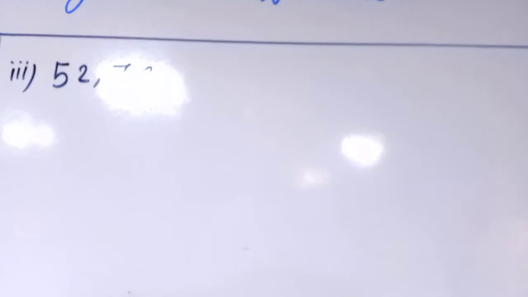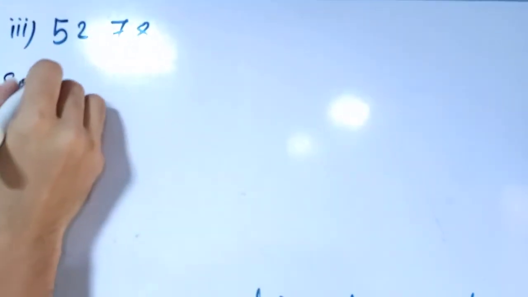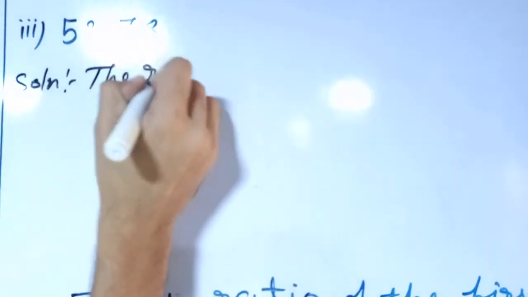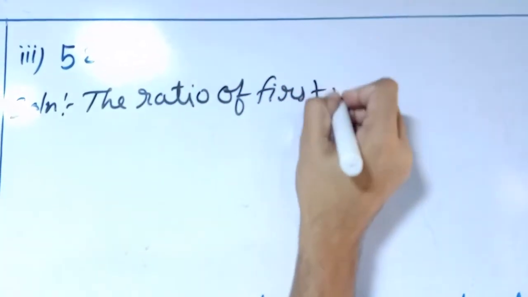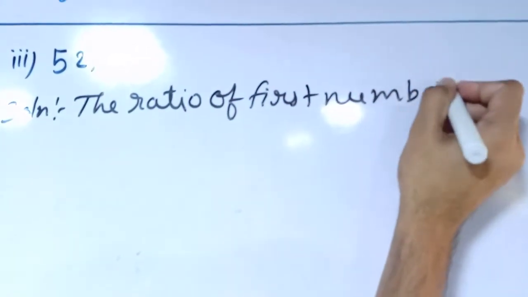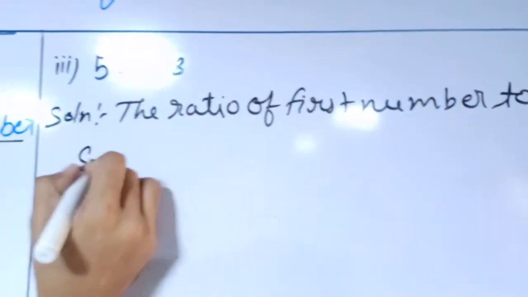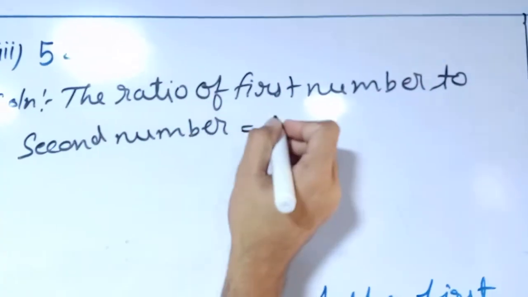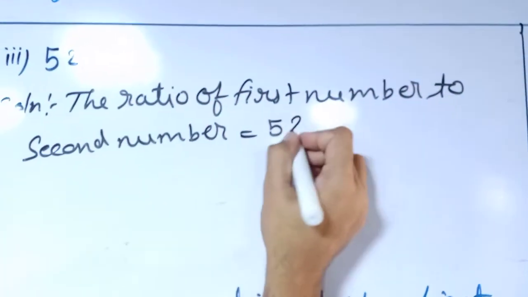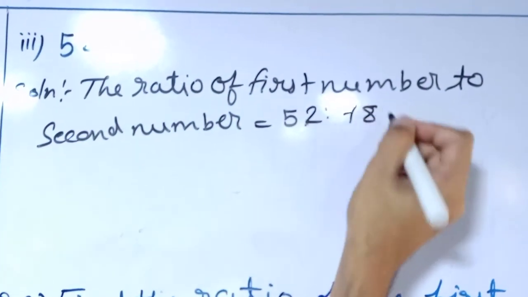One more sum we have: 52 and 78. Let's start. The ratio of the first number to the second number is equal to 52 is to 78.